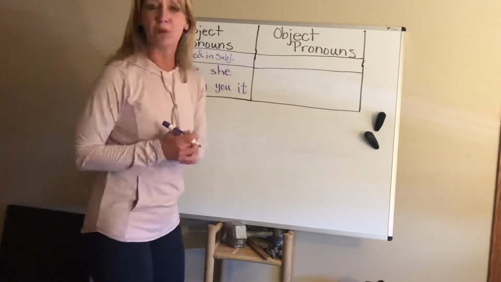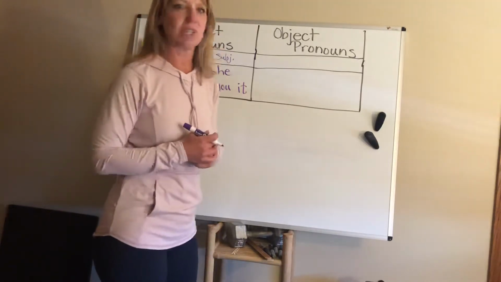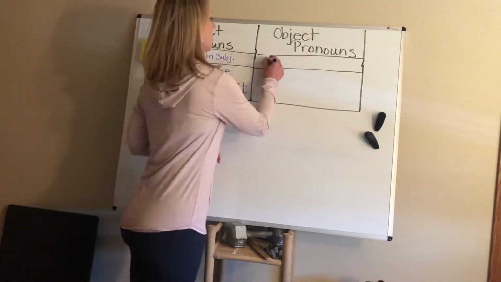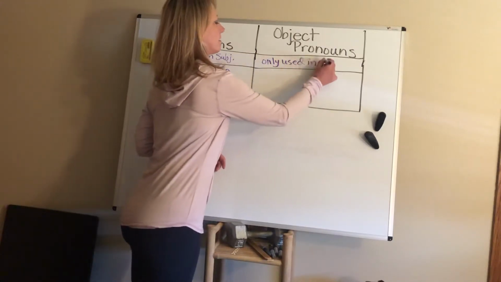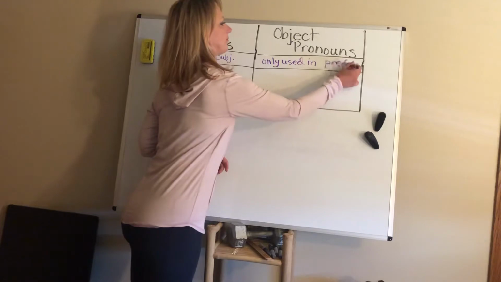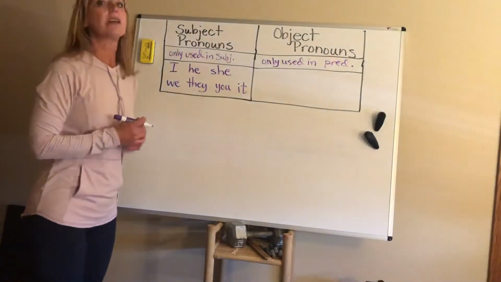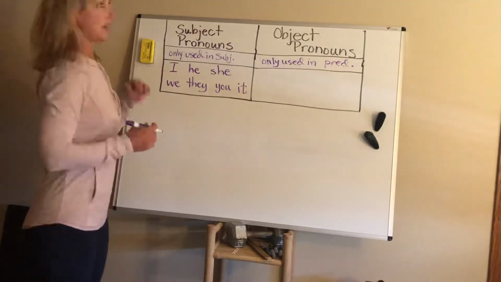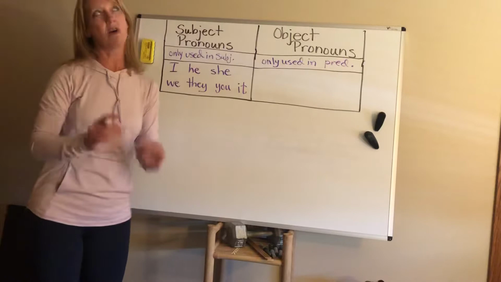So I actually wish that these were called predicate pronouns, but they're not. They're called object pronouns. So object pronouns are only used in the predicate. There are also 7 object pronouns, just like there are 7 subject pronouns, and there's kind of an alter ego for each, well, for most of them.